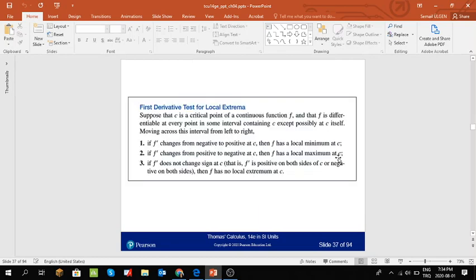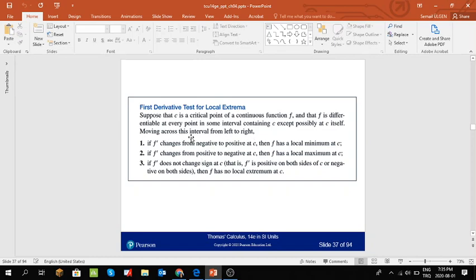Okay, next I think we are going to learn about the first derivative test. So what's the first derivative test? Let's say we have a continuous function f, differentiable in an open interval containing a point c. This c is a critical point of that function f.